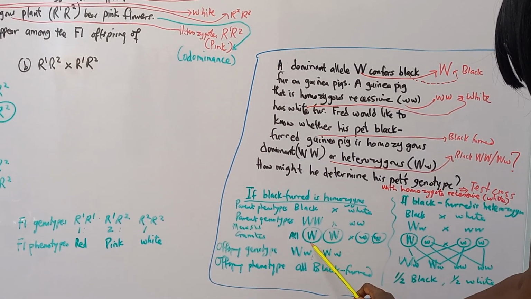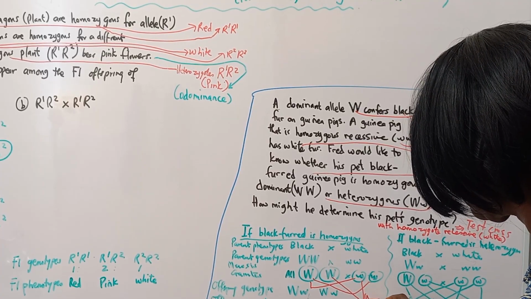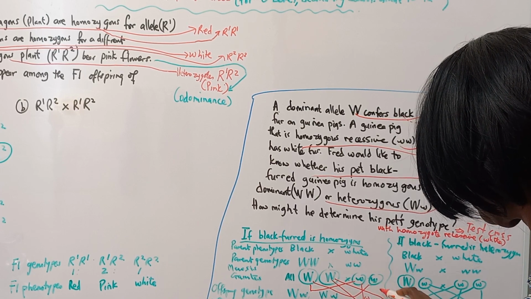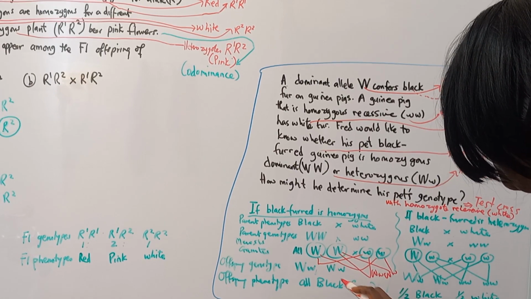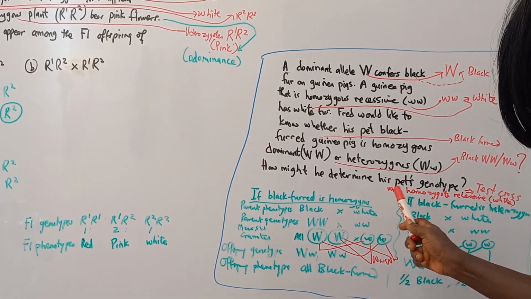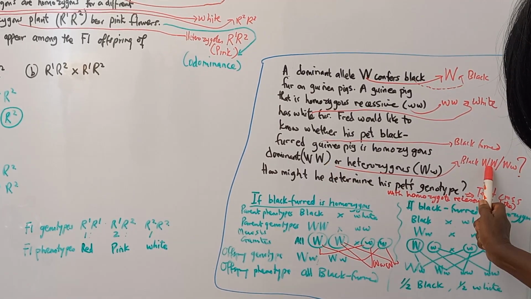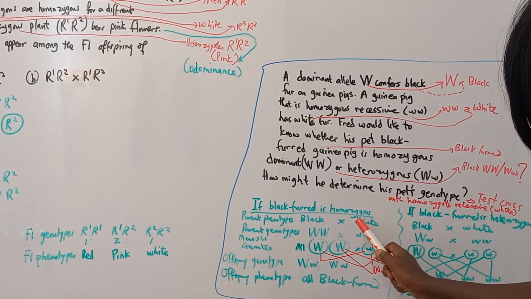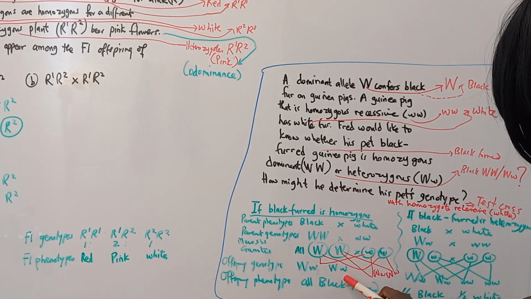So if we have a cross, mating, every cross will give us big W, small w. Every cross will give us big W, small w. And big W, small w will all give us black fur. So if Fred's pet is homozygous dominant, big W, big W, if we cross it with the homozygous recessive, all the offspring will be black furred.